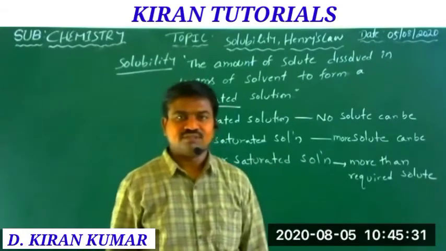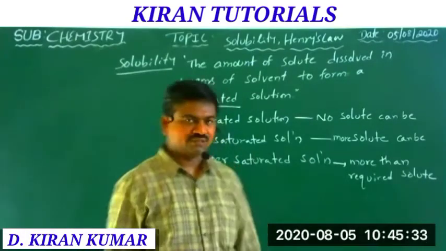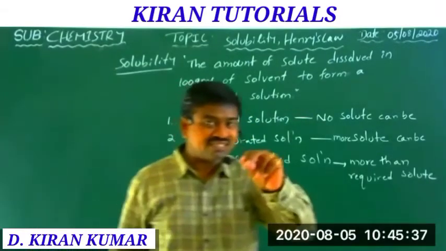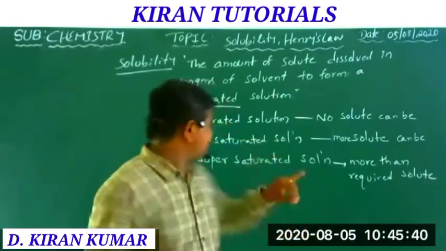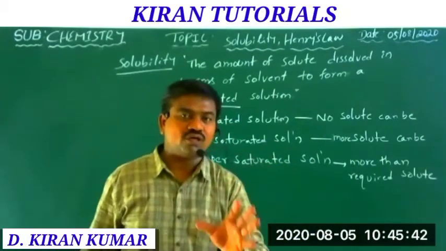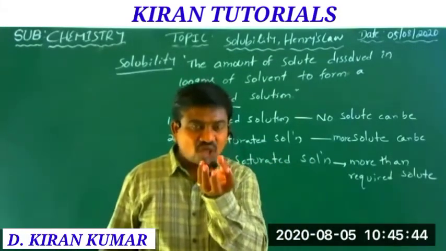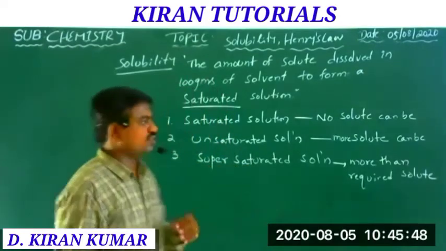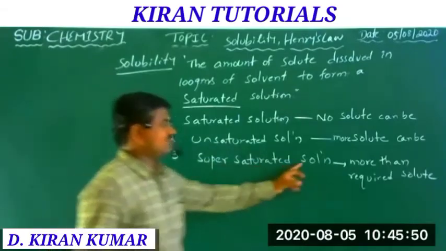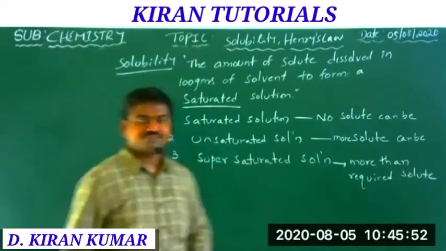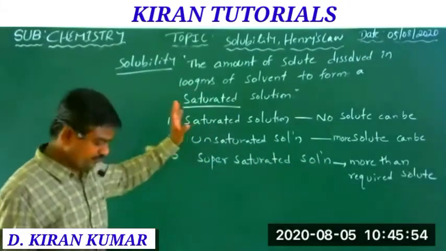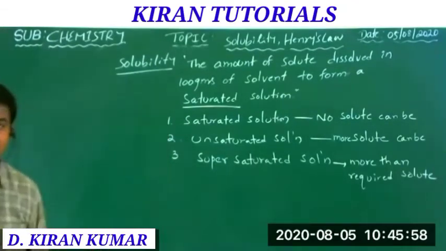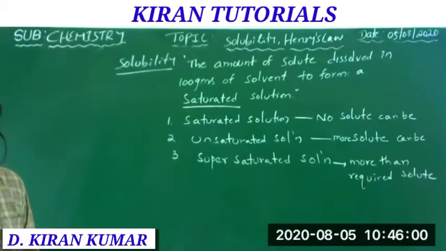The salt or sugar which is added to the saturated solution does not dissolve. You can see the salt or sugar. That solution is called a supersaturated solution. Clear? That's about the types of solution.